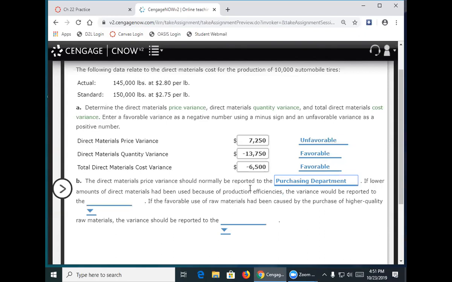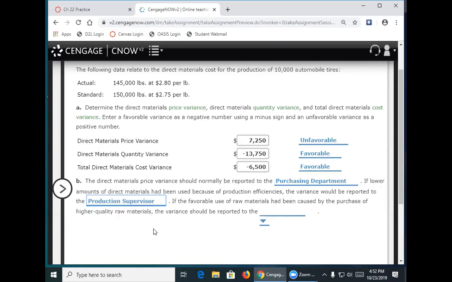We don't get into economics, don't worry. But there are a lot of driving forces there. We want them to know that we have this price difference. If lower amounts of direct materials had been used because of production efficiencies, the variance would be reported to the production supervisor.